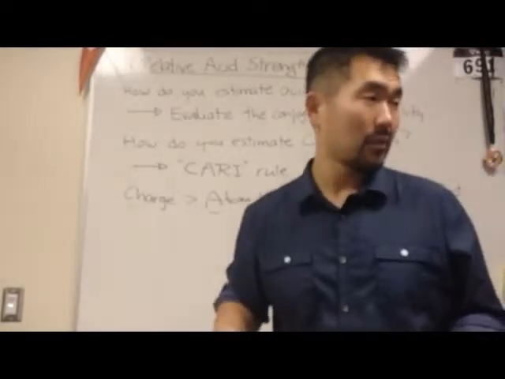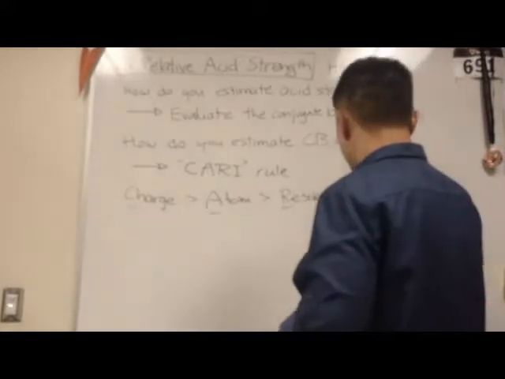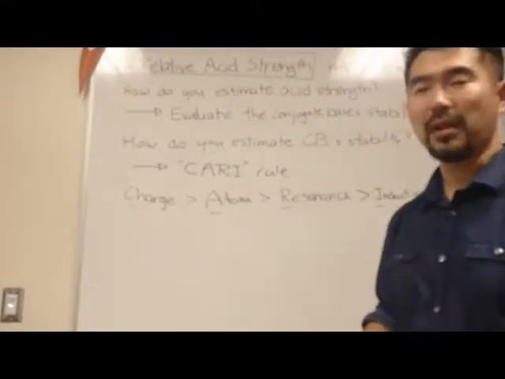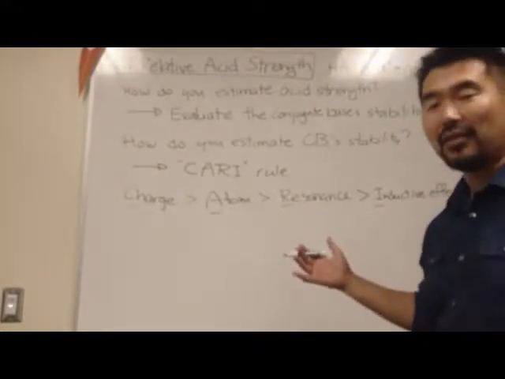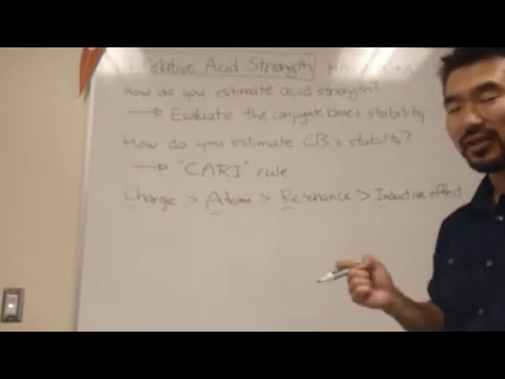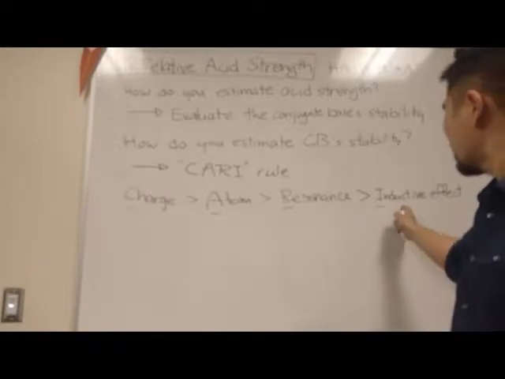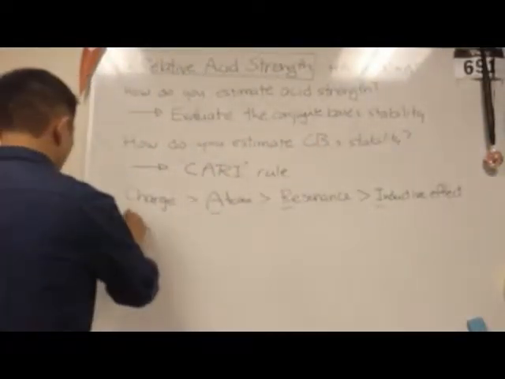And so I stands for inductive effect. Inductive effect, remember, is the impact that other atoms have, usually how much electron density they're pulling through bonds. Okay. So first, let's think about the charge.